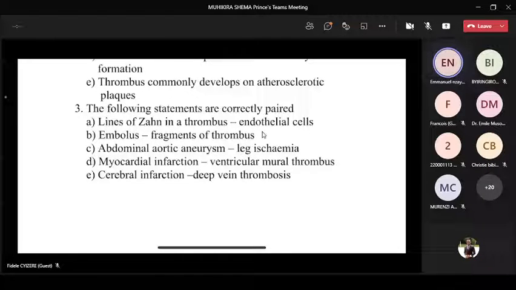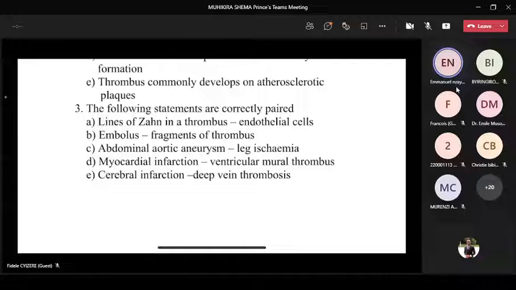Abdominal aortic aneurysm, leg ischemia. I think it is true. Why? Because according to the blood supply, the leg's femoral artery comes from the abdominal aorta.